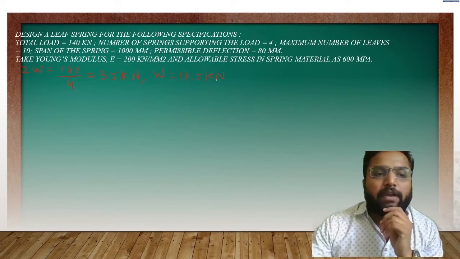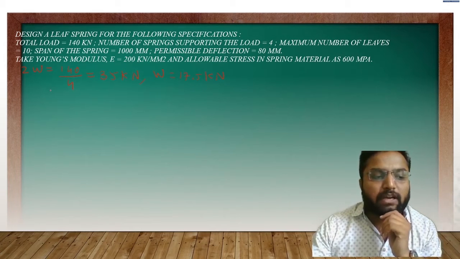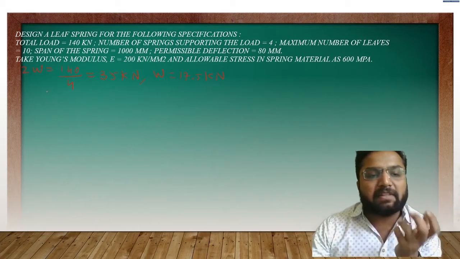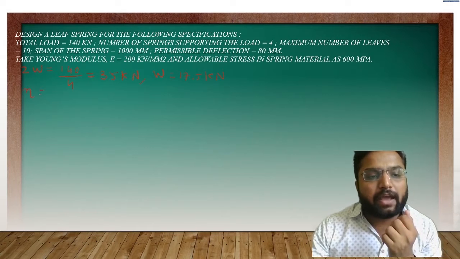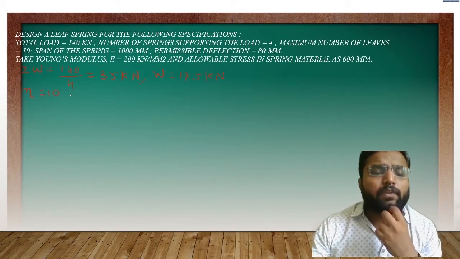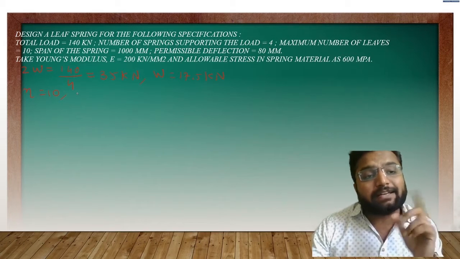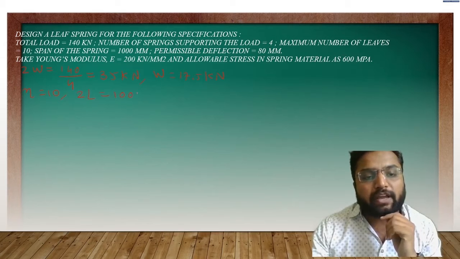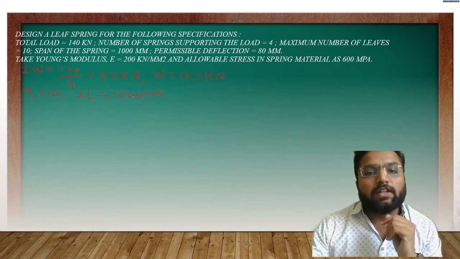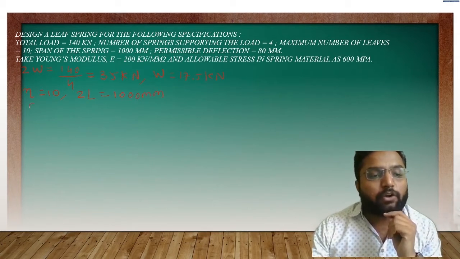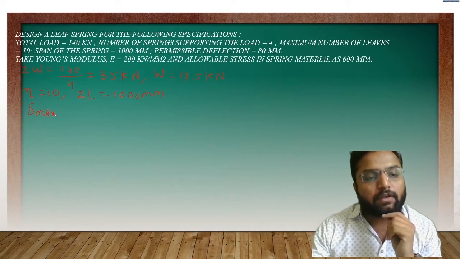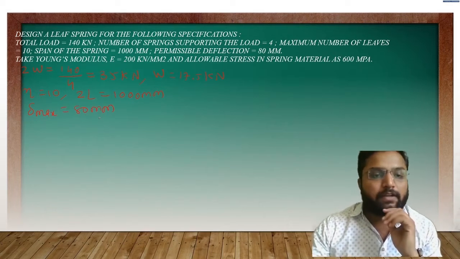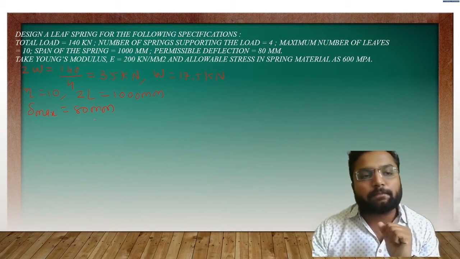Let's move on to the different data. The total number of leaves, n, is equal to 10. The span of the spring, which is 2L in the simply supported beam we considered, is 1000 mm. The permissible deflection, or maximum deflection, is 80 mm, which is given in this leaf spring case.